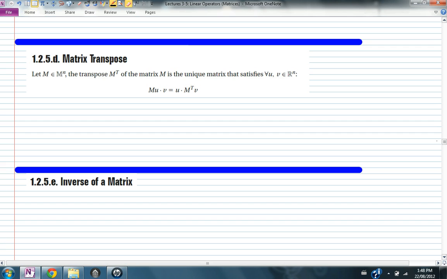So the first is the transpose of a matrix.